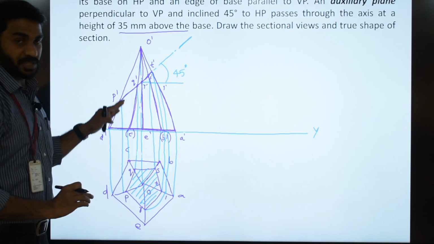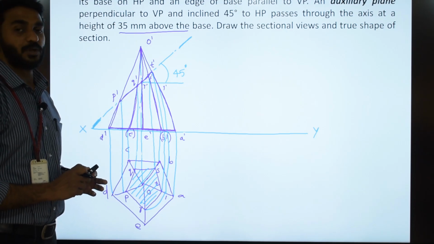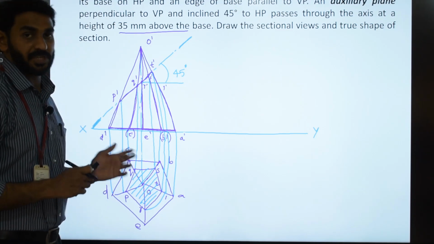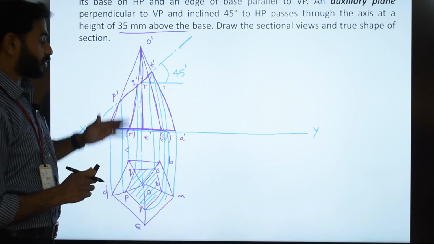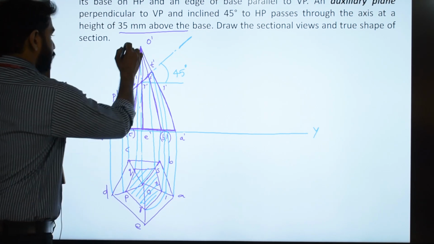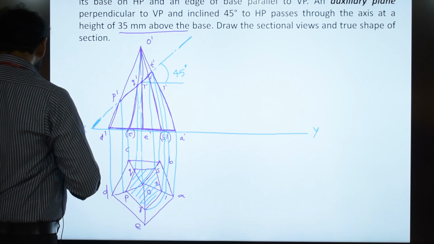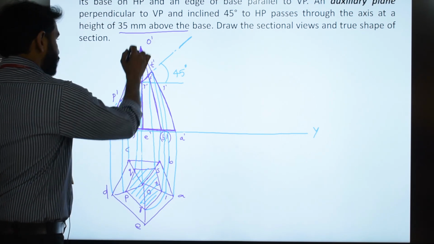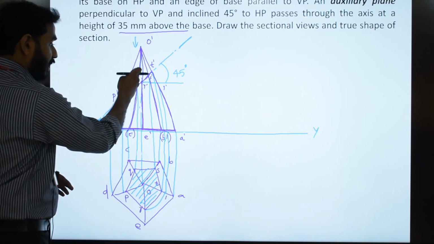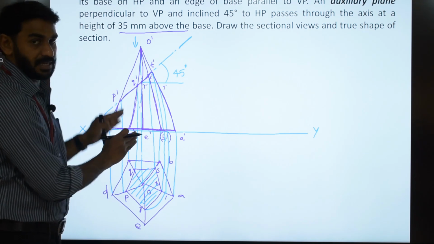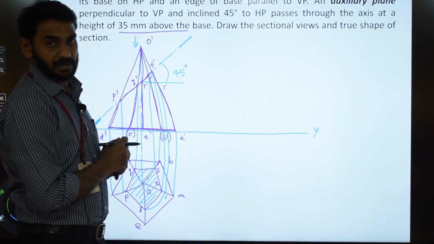What is the condition to see the true shape of the section? The lines of sight should be perpendicular to the section surface. So here if you look from the top, you will not be able to see the true shape of the section because the lines of sight are not perpendicular to the sectioned surface. It is inclined to the sectioned surface.